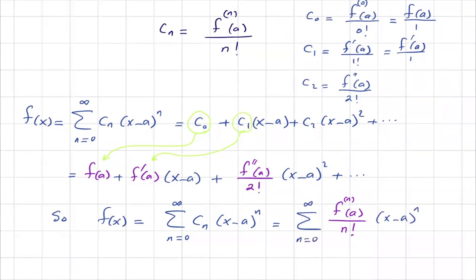So as long as you have a function that has a power series representation, you can always find the power series representation following this formula. Perfect. So this is called the Taylor series of function f at a. If you have a special case like a equal to 0, you call it the Maclaurin series.